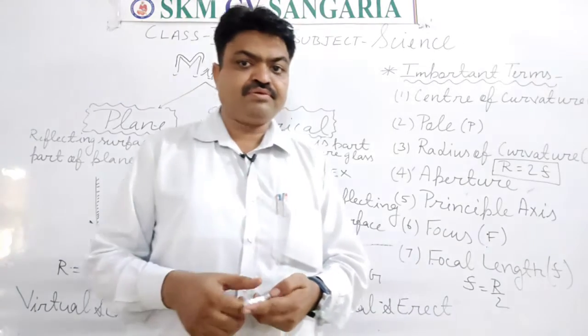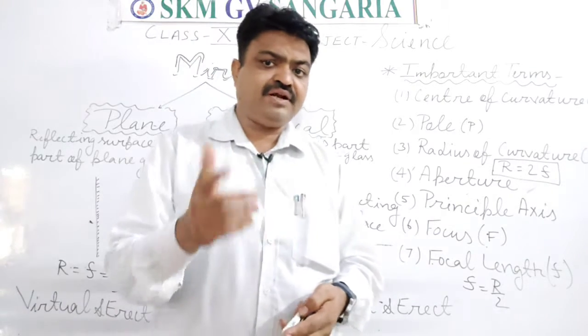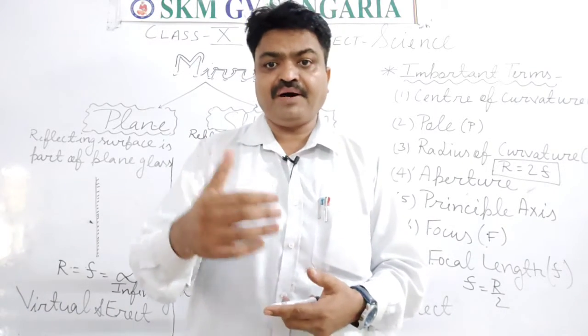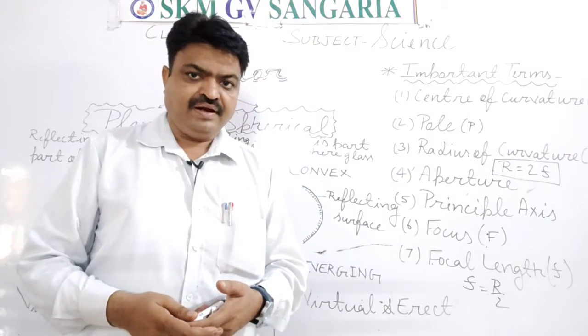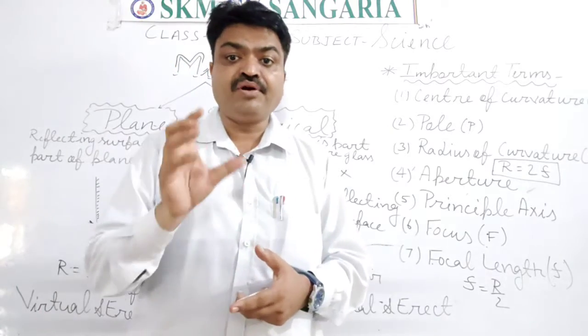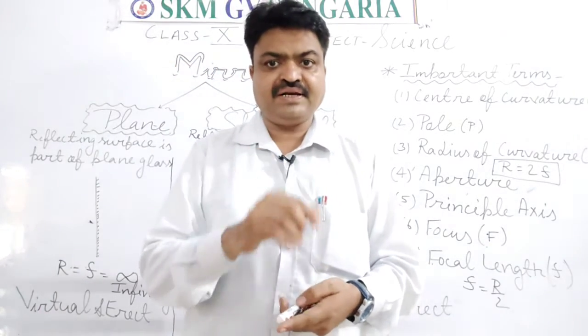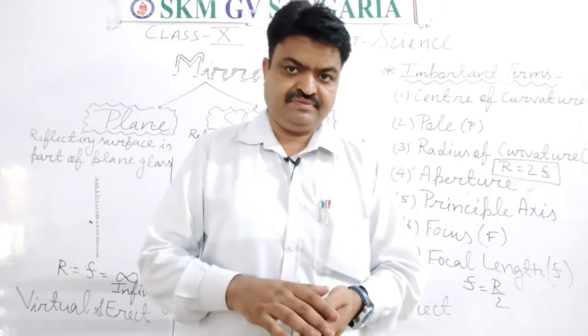We have discussed the concave mirror and the convex mirror. These mirrors are parts of a hollow sphere, and that hollow sphere has one center point, which is known as the center of curvature.